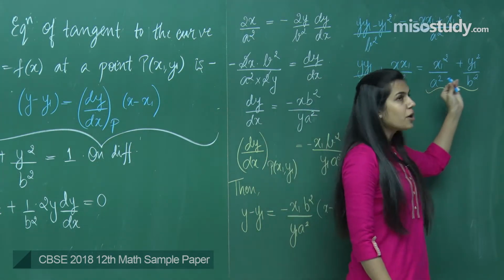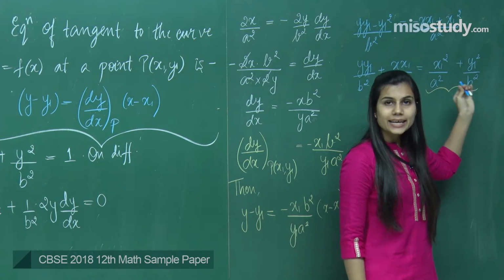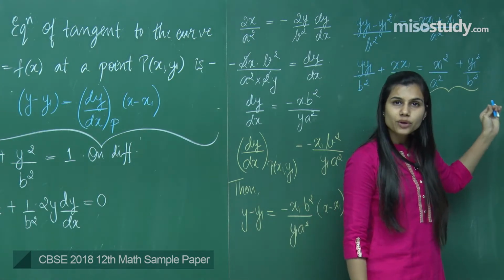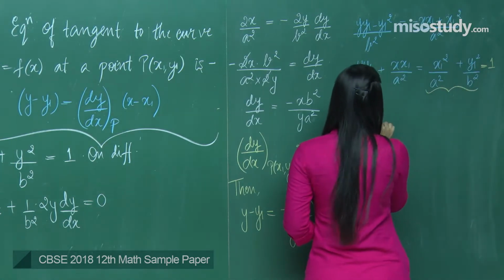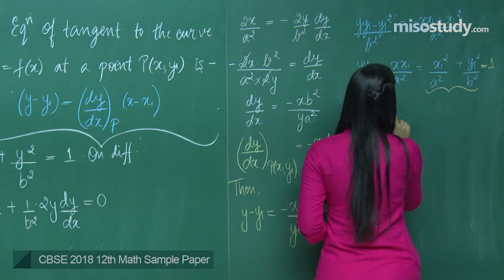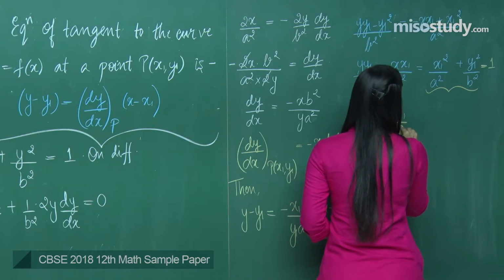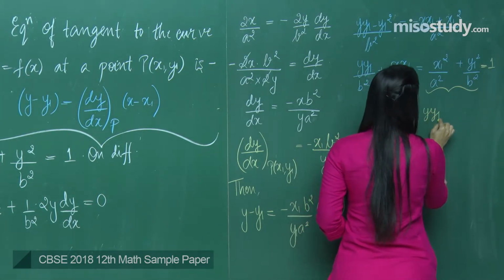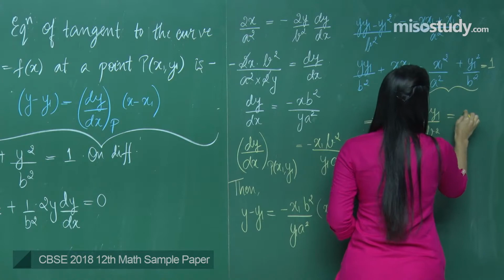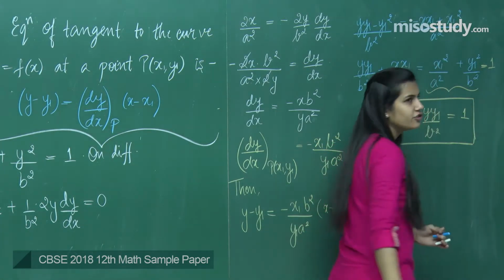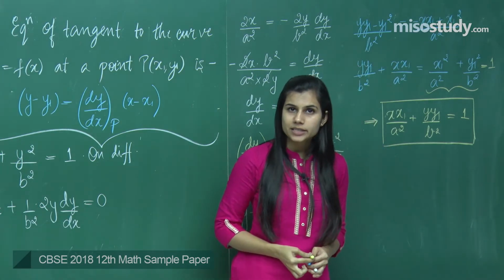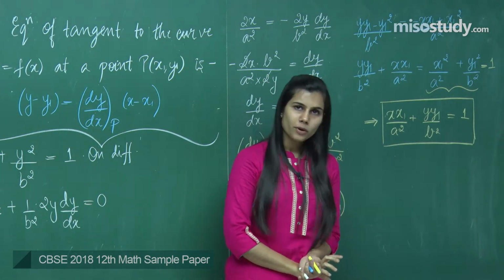That means x1 square upon a square plus y1 square upon b square will be equal to 1, and this implies x x1 upon a square plus y y1 upon b square equal to 1 is my equation of tangent to the ellipse at a point x1 comma y1.